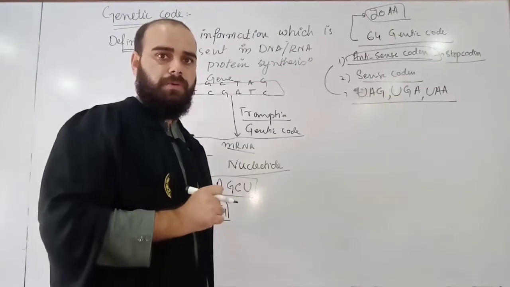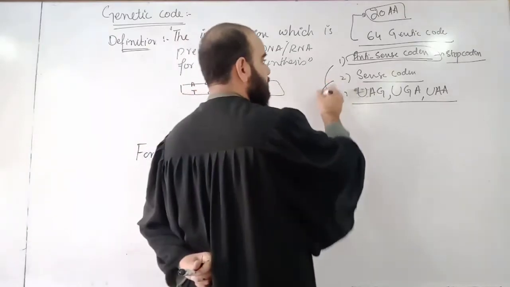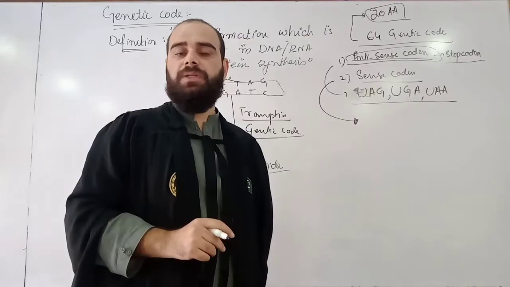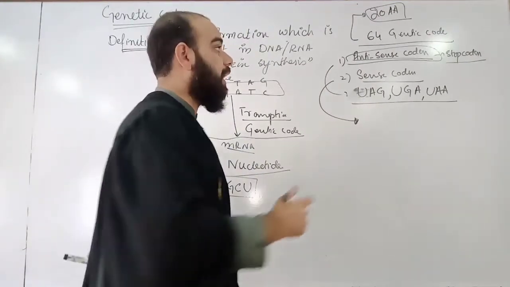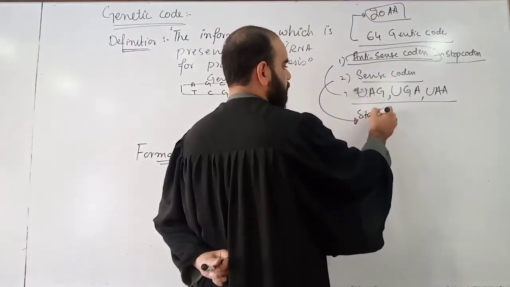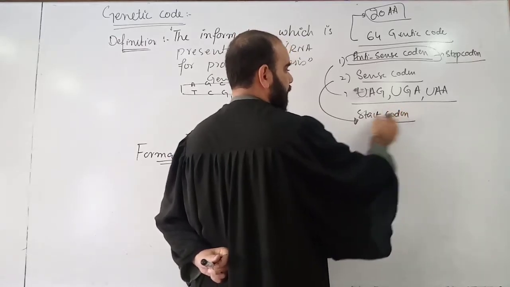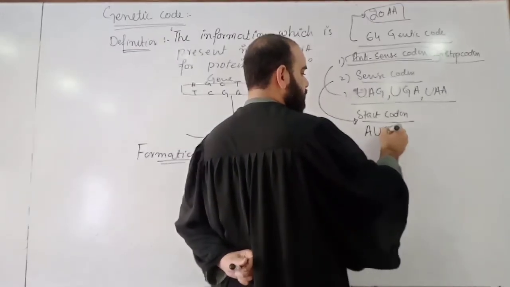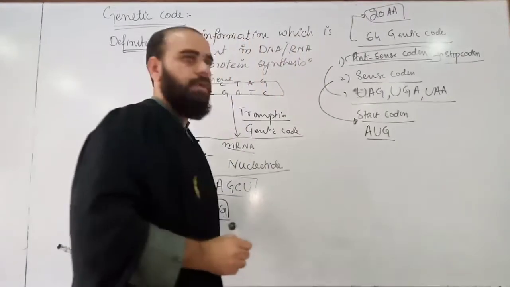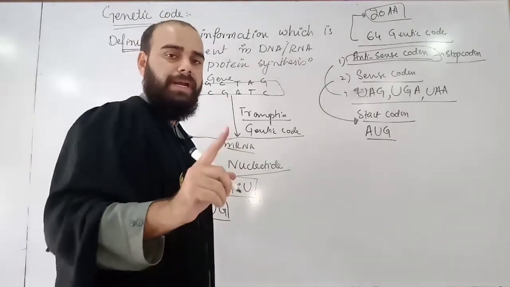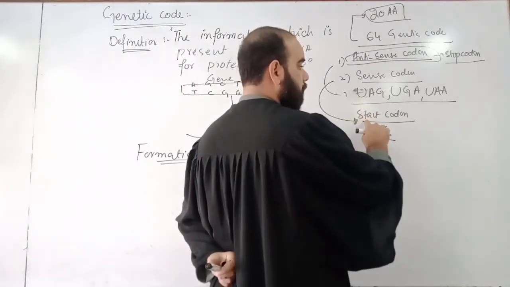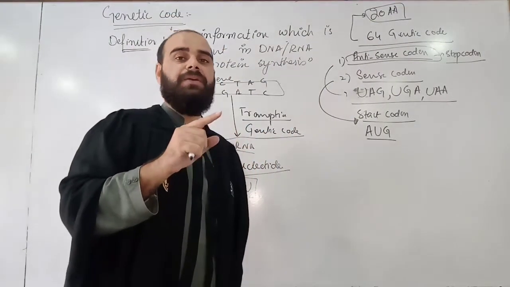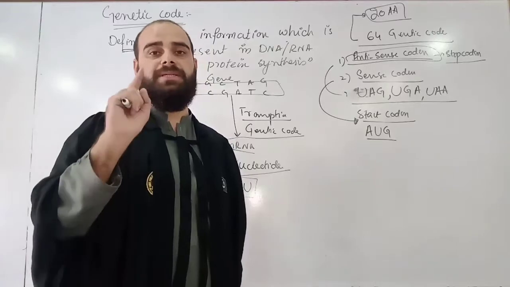They are stop codons. While sense codons are those codons which carry information for the sequence of amino acids, and they are also known as start codon. Start codon is that sense codon which is present at position number one of messenger RNA.